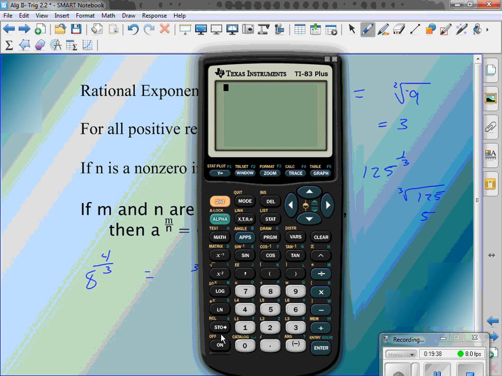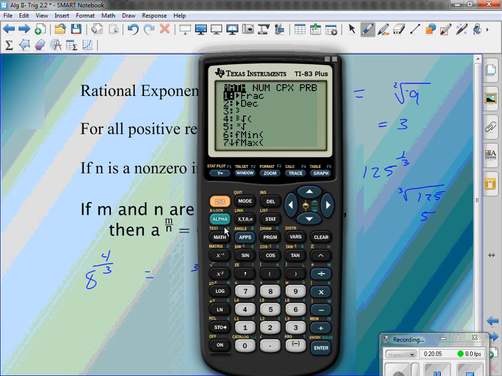On the calculator, in order to do 8 to the 4/3, I do 8, caret gets me my exponent, parenthesis, 4/3. I have to put the fraction in parentheses, and it will give me 16. That's your answer. I could also do it with math, number 5.